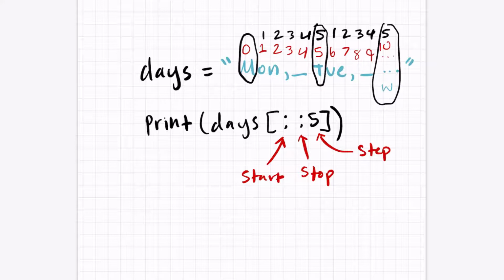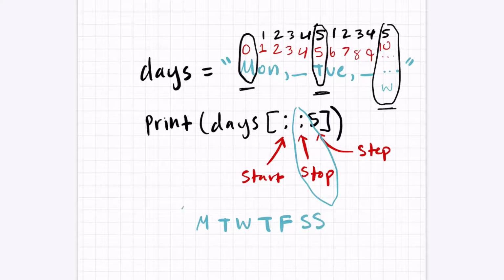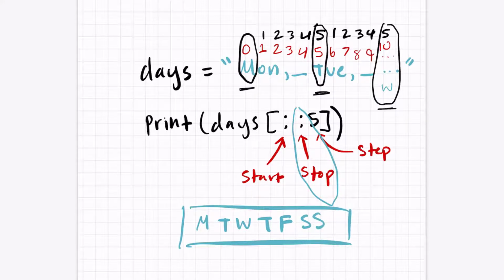So that's what it's doing in order to get M, T, and W. You're going to keep going until the end of the string, which you'll get from here because you're stopping at the very end of the string. So what you're going to end up getting is Monday, Tuesday, Wednesday, Thursday, Friday, Saturday, and Sunday. So that is the answer.